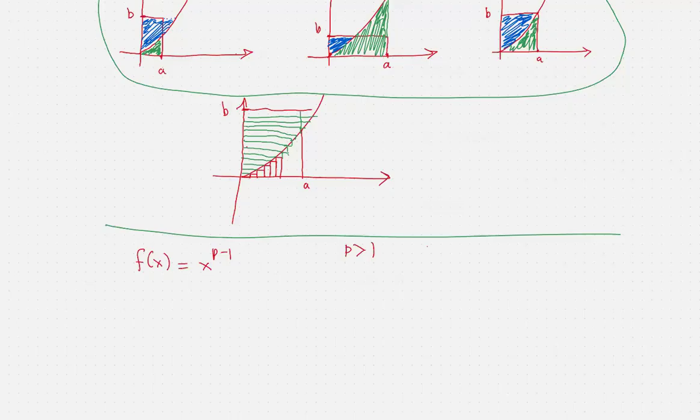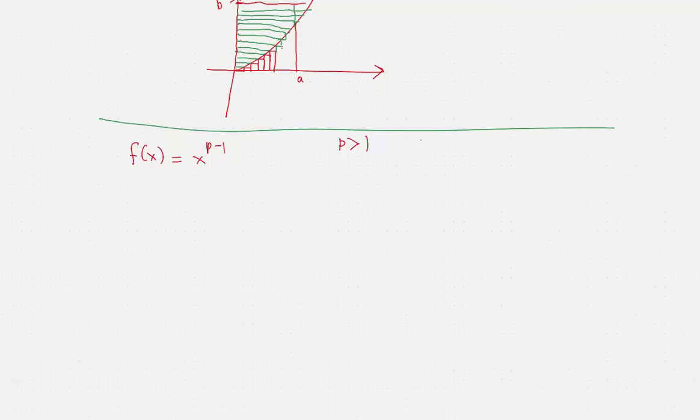So in this case, we can ask what is the integral from 0 to a of f of x dx? And the answer by simple calculus is that this is a to the p over p minus 0 to the p over p, of course, which is a to the p over p.